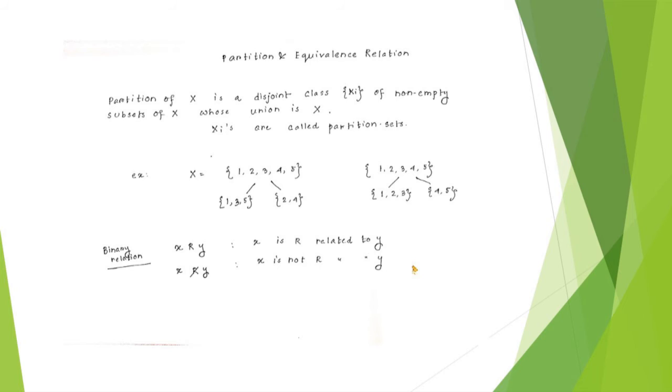Now if X is the set of all real numbers R, we can partition X into the set of all rationals and the set of all irrationals. This is one way of partitioning. Or you can also partition it into infinitely many closed-open intervals of the form [n, n plus 1), where n is closed and n plus 1 is open.